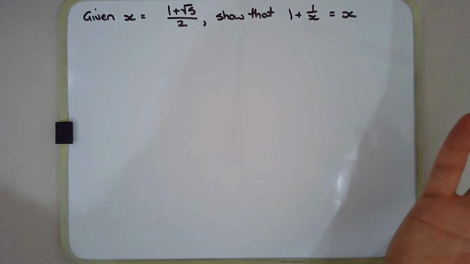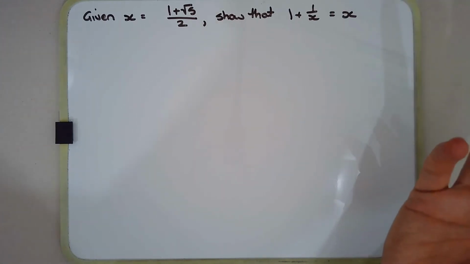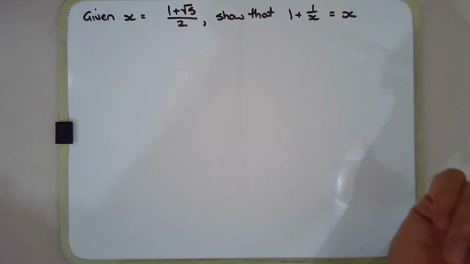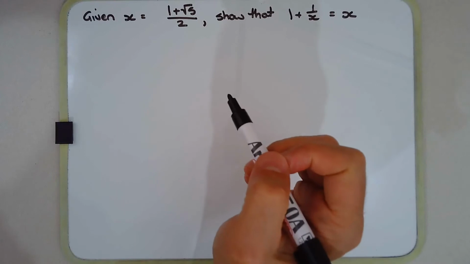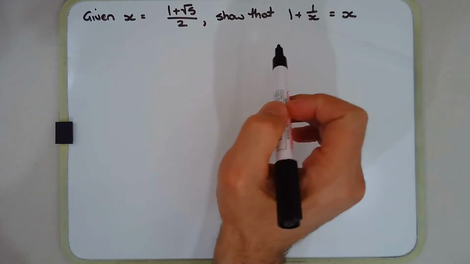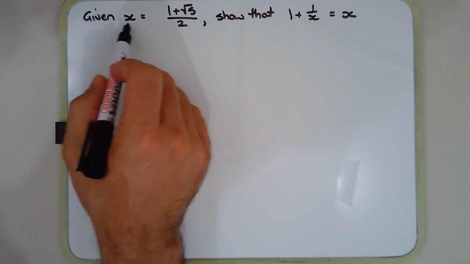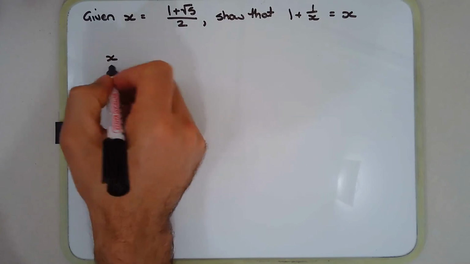I'm not proposing that the way I'm doing it is necessarily the best way. It's a way of looking at this. Let's start off with 1 on x and get a value for that. I think that's a good starting point, because I have a definition for x here. So x can be written as x over 1.